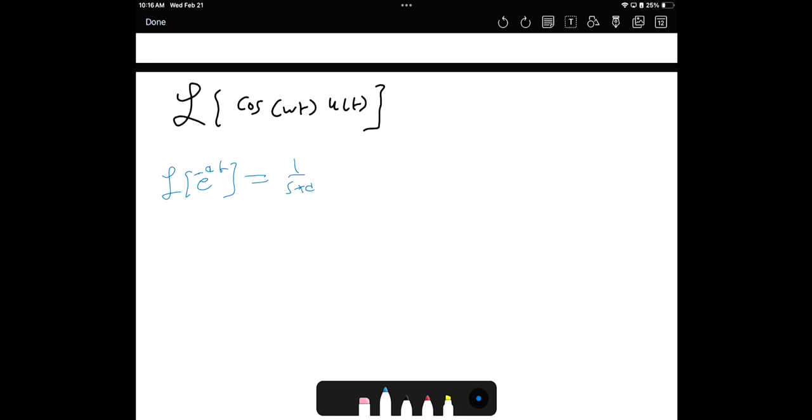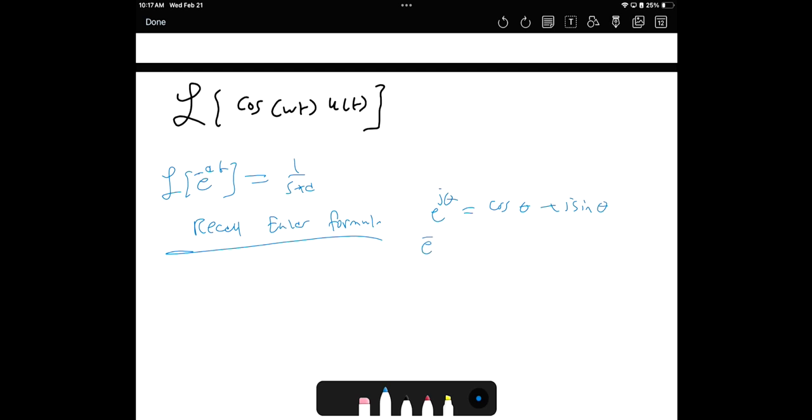Are you aware of Euler formula? So just recall Euler formula. What does Euler formula say? e power j theta equals cosine theta plus j sine theta.